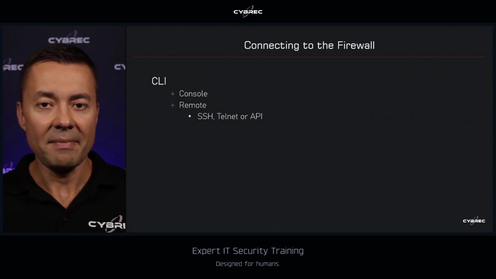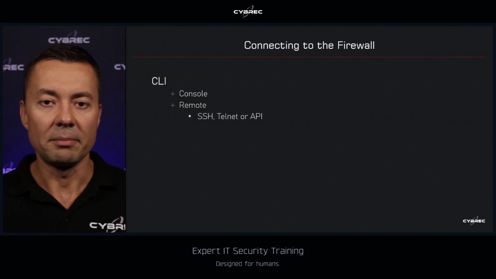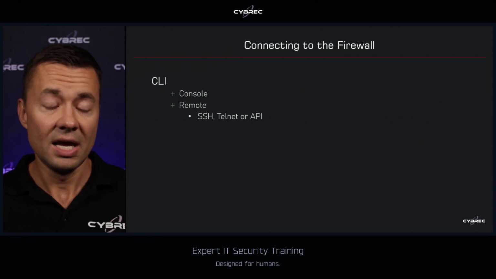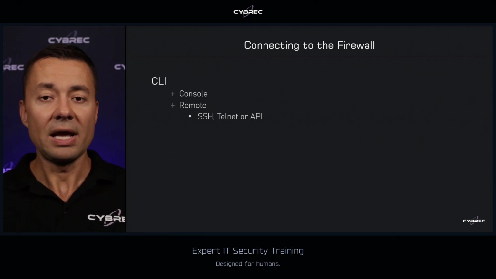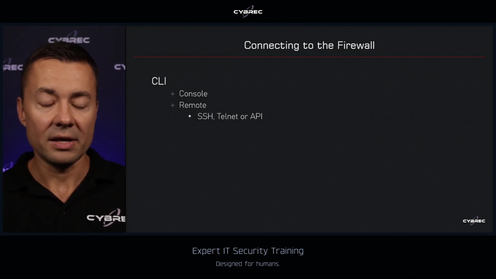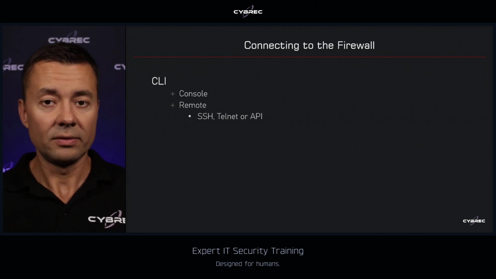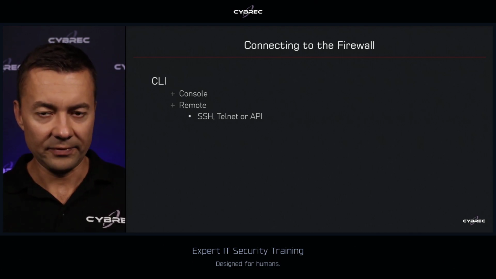API is going to be the third method that we can use for a connection to the Palo Alto Networks Firewall. We've got console, we've got remote access with Telnet SSH, and we've got API, where API stands for Application Programming Interface, and is something that will be used by our scripts or applications to connect to the firewall.